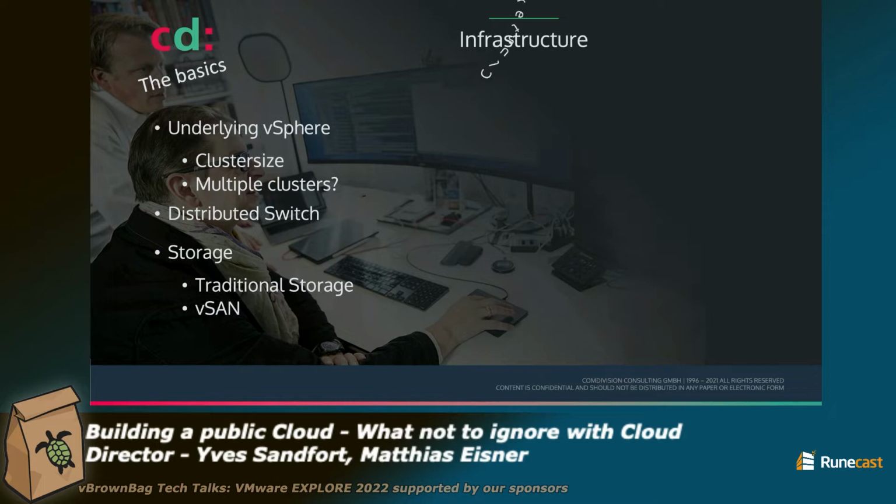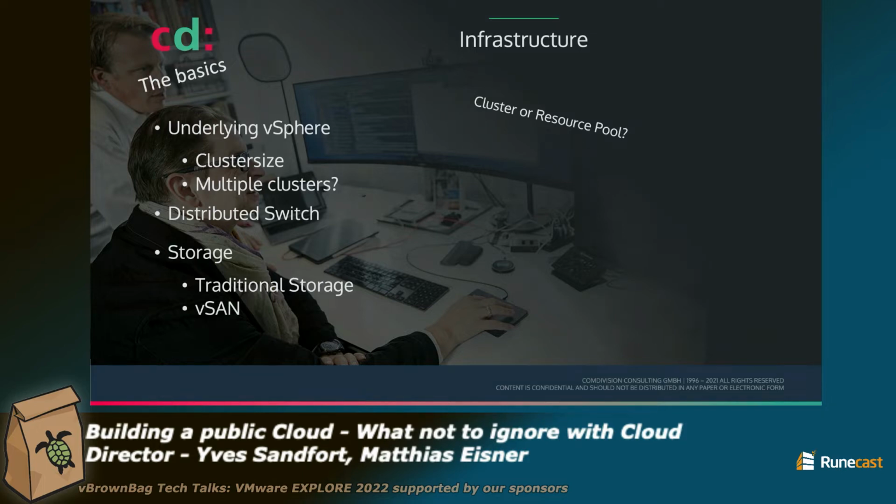Let's start with infrastructure. Still, nowadays, we consider vSphere being a basic technology everybody is aware of and everybody is able to deal with vSphere. But what should we consider for the underlying vSphere infrastructure if we plan to add Cloud Director as a CMP on top of it? So we can discuss cluster sizes.